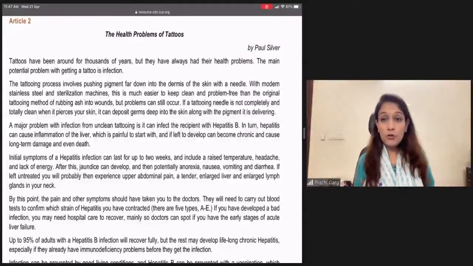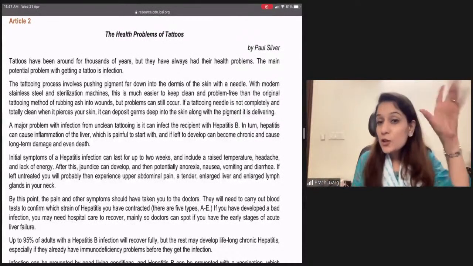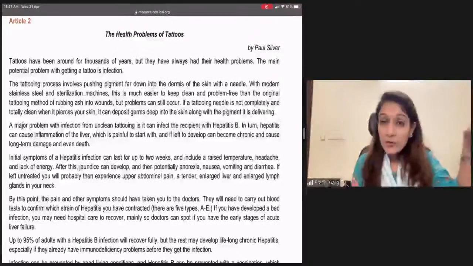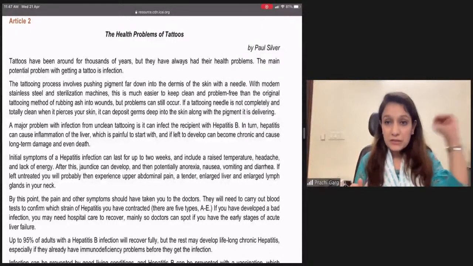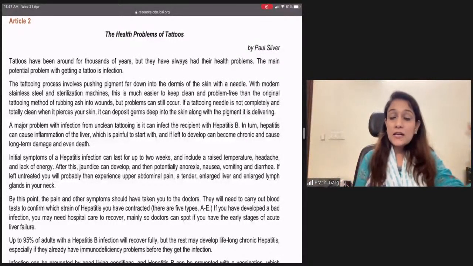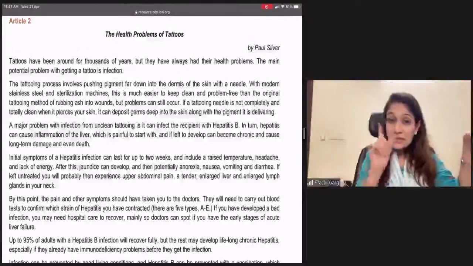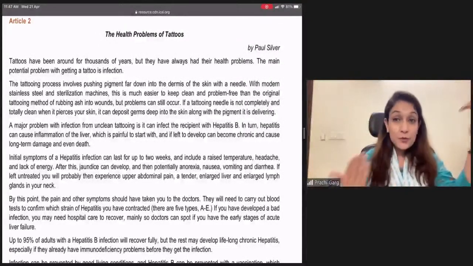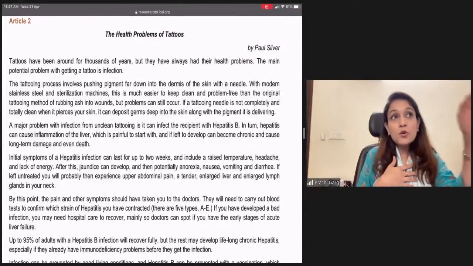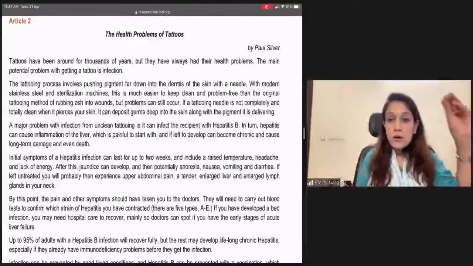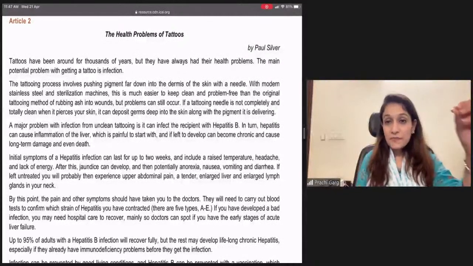So I have to make sure that whoever is reading my article gets to know what tattooing is. Then only will they understand what the health problems are. They will only understand the problems if I tell them about the process, because I cannot assume that my article will be read only by people who know about the tattooing process.